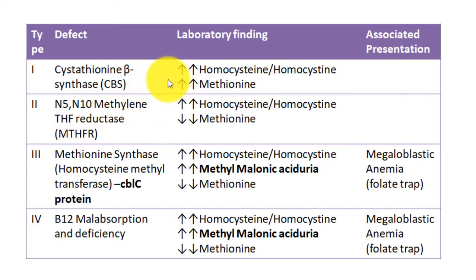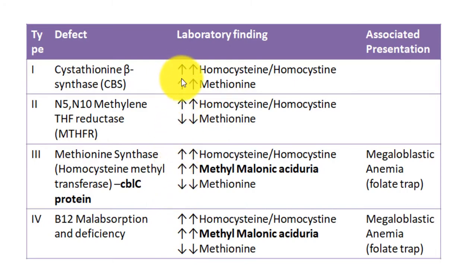And how do we separate this classical homocystinuria from non-classical homocystinuria, the one caused by folate metabolism defect and cobalamin metabolism defect? Through this finding.